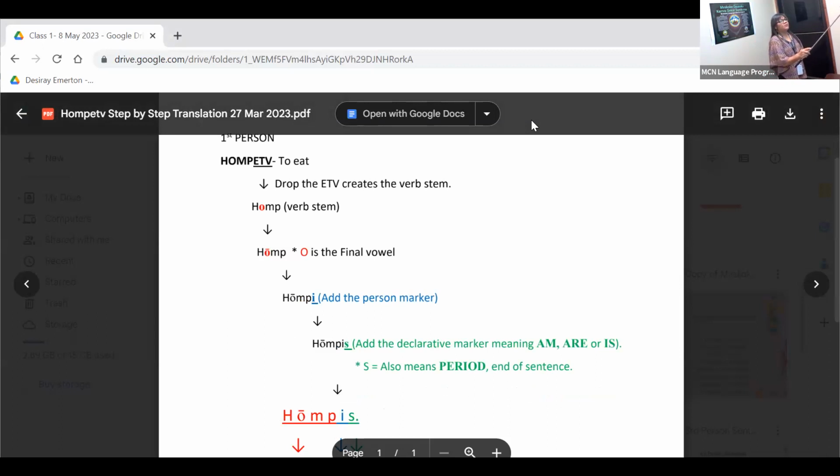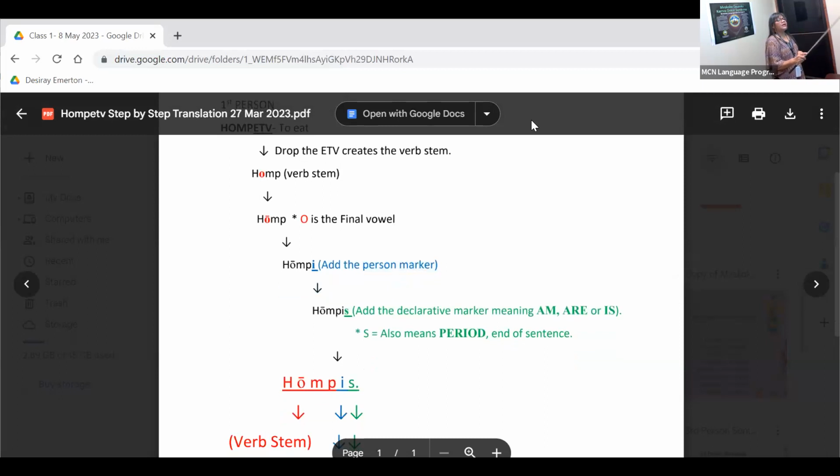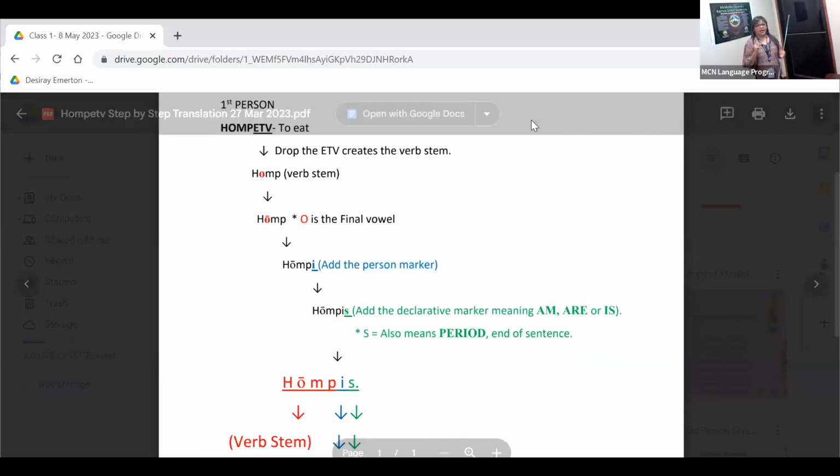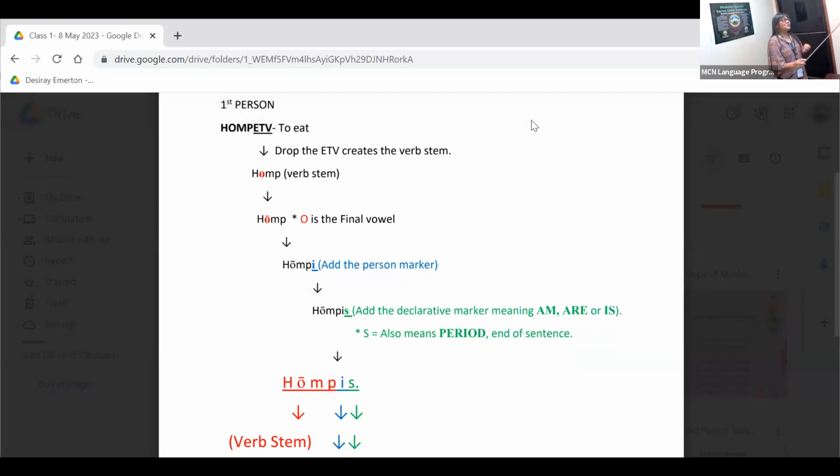That is our verb stem for our infinitive verb. You lengthen the O because it's the final vowel. In our rules or in our notes, you lengthen the O. Mvhayv. And then you add the person marker, which right now we're talking about I. So I is I in the first person. So we add the person marker I.